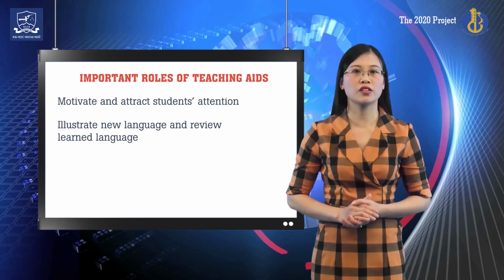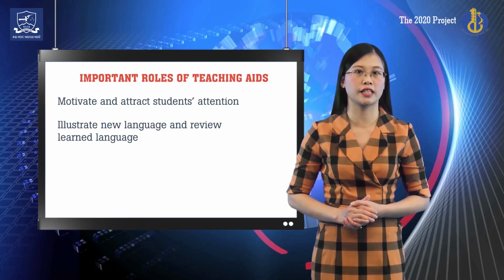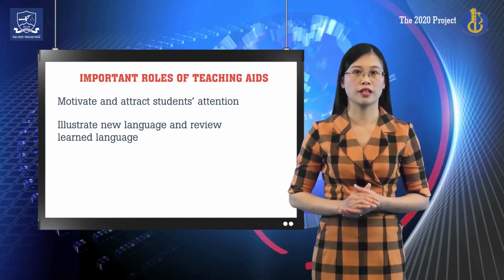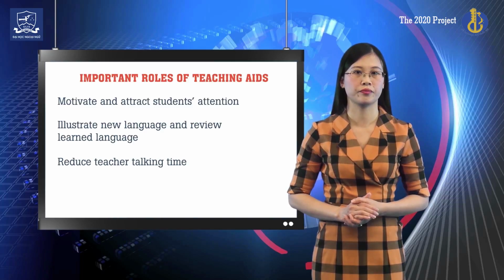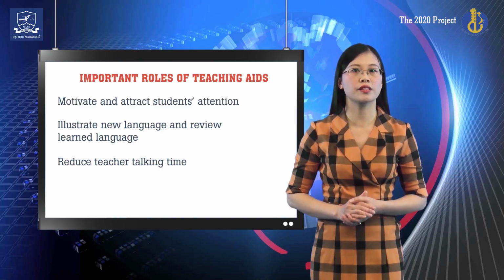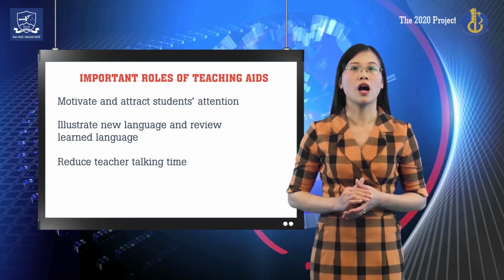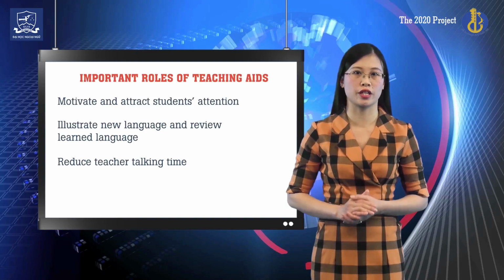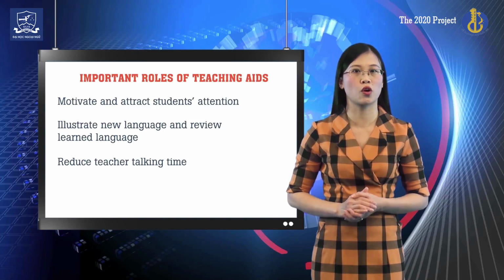Third, thanks to a variety of teaching aids in class, teachers can reduce their talking time, therefore increase student talking time. Sometimes, only a picture or an object can encourage students to talk more.